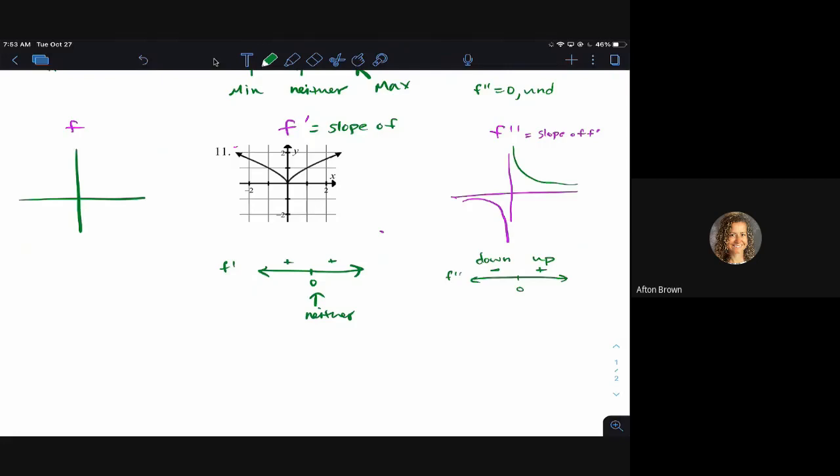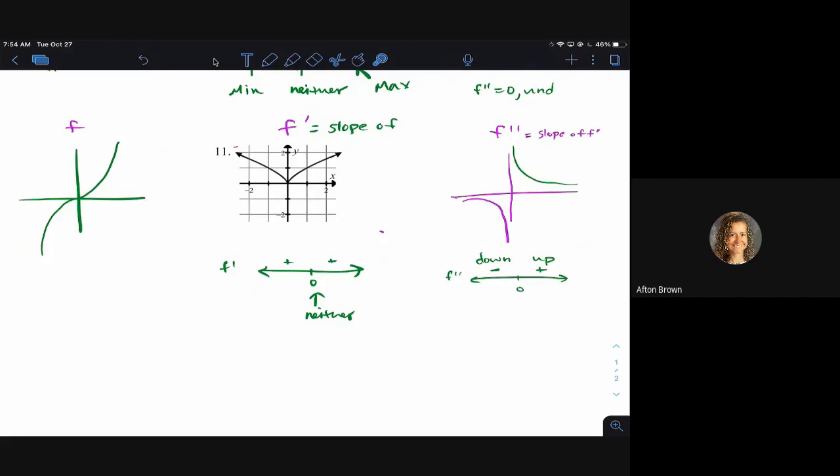Okay, so we're going to start with a function that's concave down to concave up, and there's not a max or a min. So that's one example, because as I look at this, it did go concave down, change to concave up, and it's always increasing. So that's one possibility. But again, it could be shifted up or down.